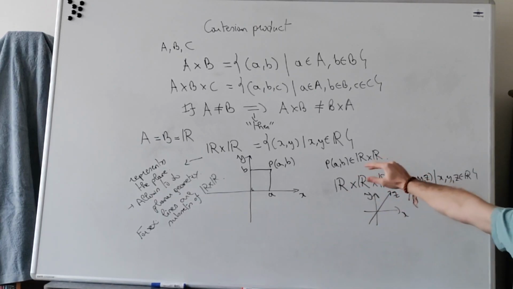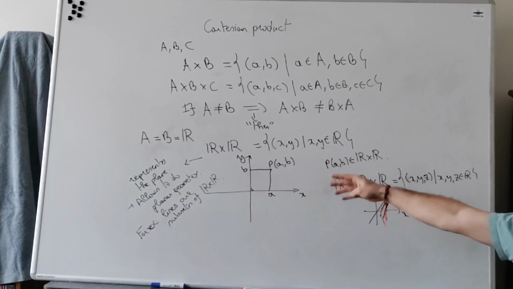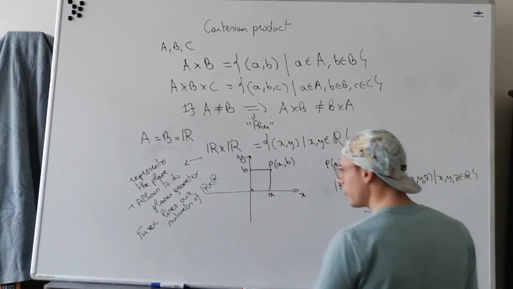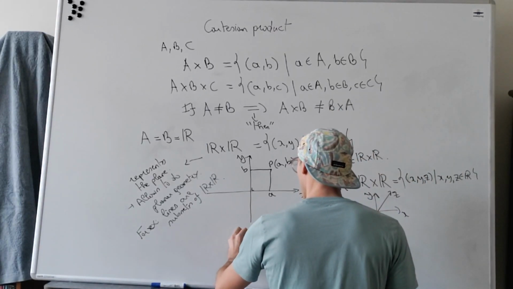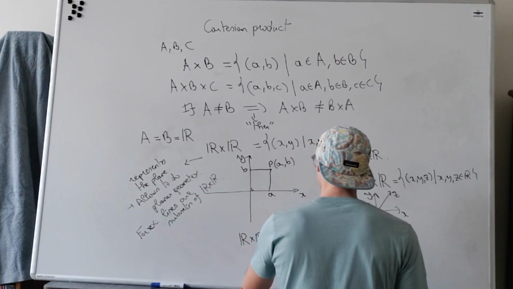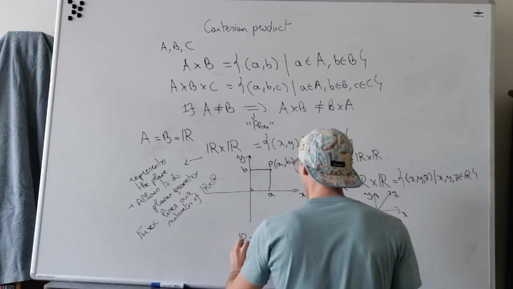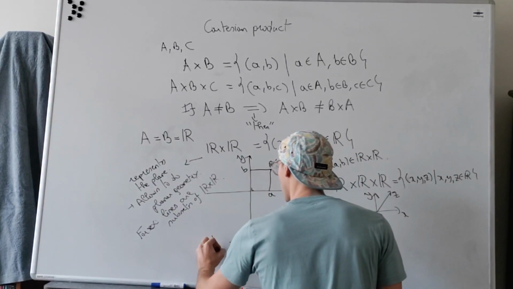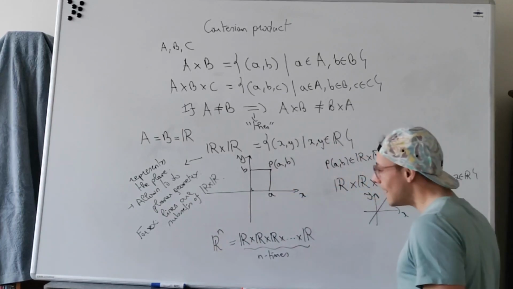But of course, we are not restricted to only consider Cartesian products of 3 sets. We can also work in R times R times R, and so on, and so on. We can do this n times, and we just denote this as R to the power n.